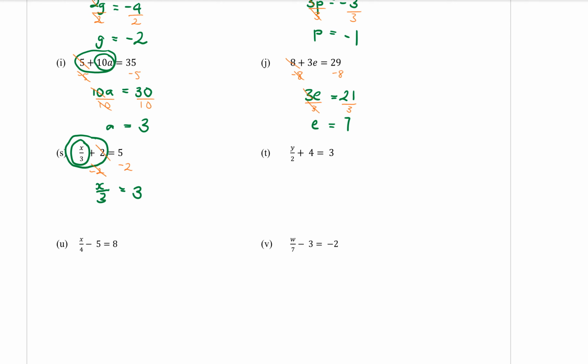Now, because we have a fraction line, that means that that's divided by 3. The opposite is going to be to times by 3 to get rid of that. So x is on its own, and 3 times 3 is 9. Does that make sense? Yeah. So if it does, you can try t.